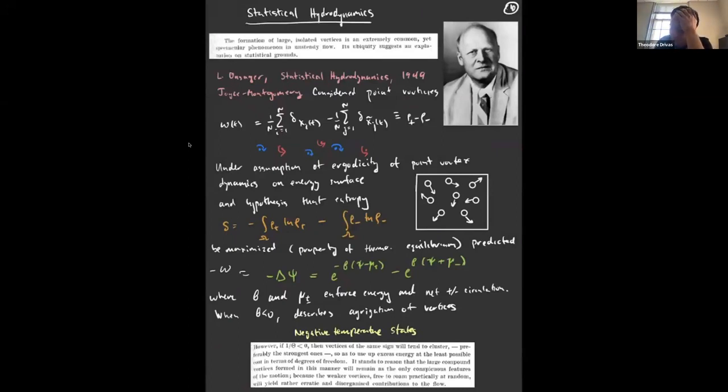So he studied a collection of positively and negatively signed point vortices, say with equal and opposite intensities or circulations. And assuming that, this is now a finite dimensional system. The configuration space is finite dimensional because that's the fluid domain. The phase space is also finite dimensional.